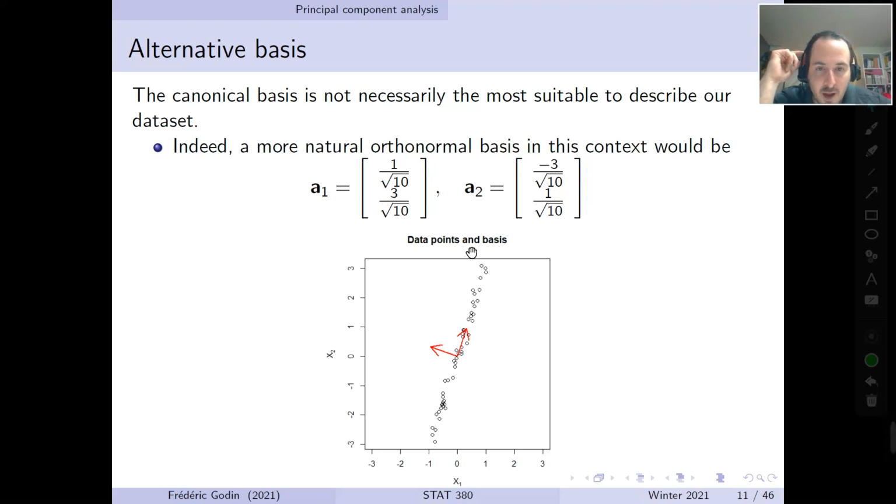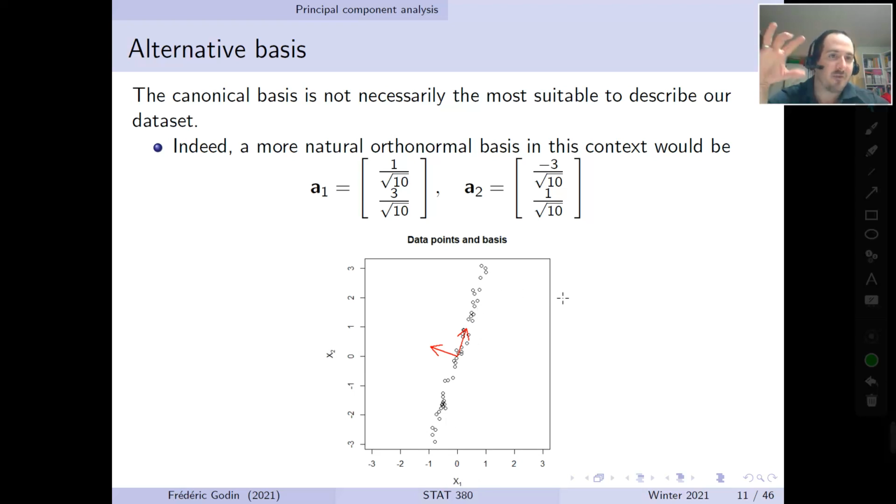If we plot these two vectors a1 and a2 together with the original data points we simulated, this is exactly the data set that was shown previously. Here is our first predictor and second predictor, and these are the data points X that were simulated previously.